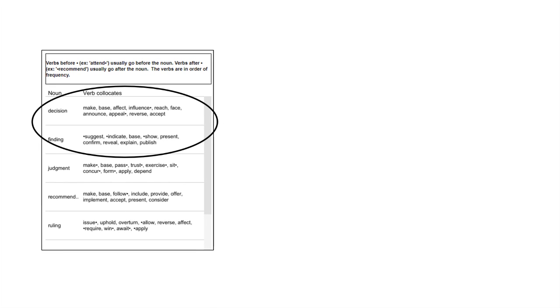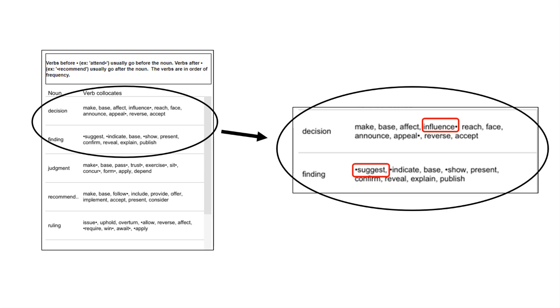Finally, the collocations panel directly borrows the visual technique used in a frequency dictionary of contemporary American English by using shape and spatial position to show which verbs normally go before a noun and those that usually go afterwards.